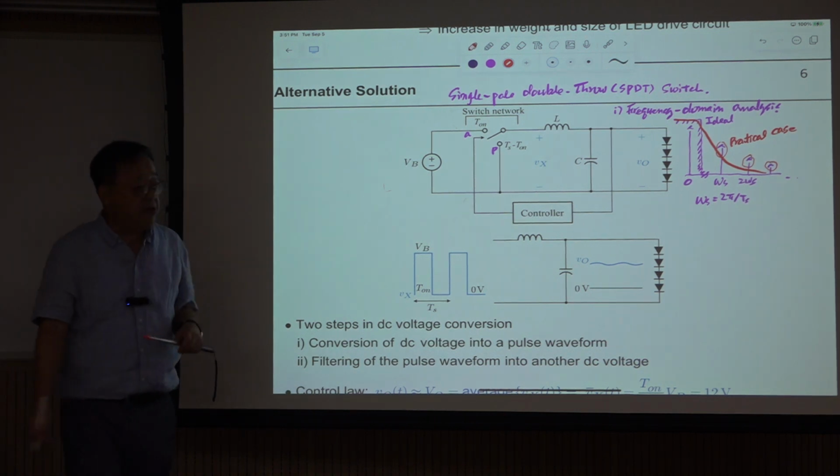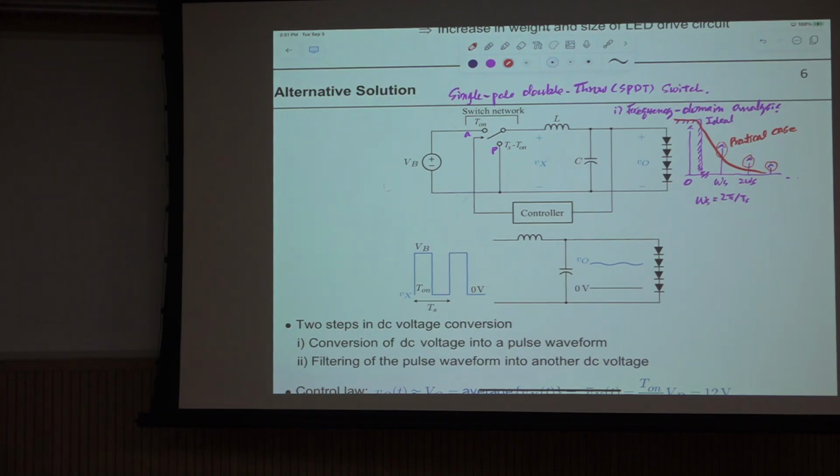All right, let's think about everything in the time domain. The voltage Vx is coming here.